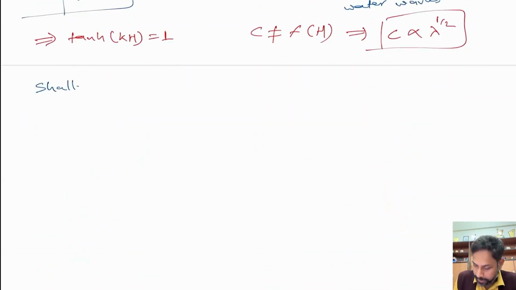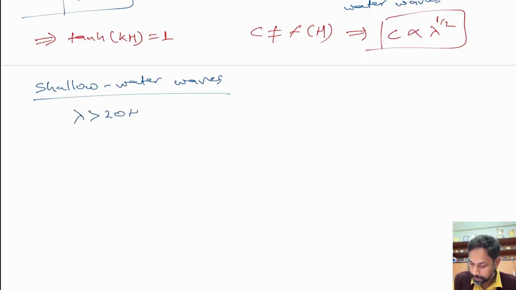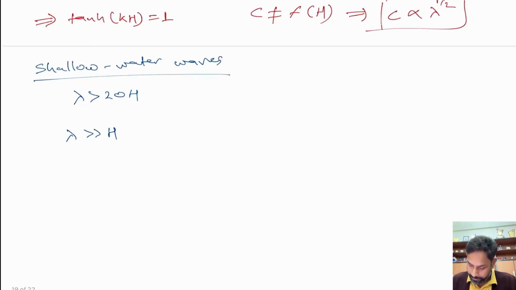And let's now analyze shallow water waves. Okay, so shallow water waves is something that we have defined as lambda greater than 20h. That actually means that lambda is much greater than h, right? And lambda here is defined as 2 pi by k, which is much greater than h.